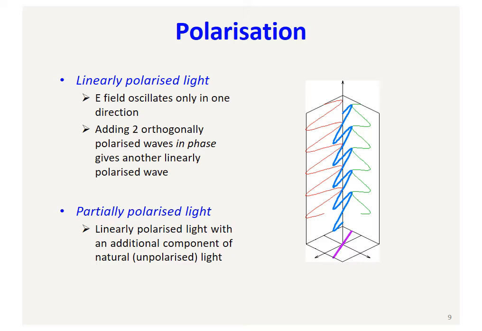If we take two orthogonally polarized waves and we make sure that they are in phase with each other, then they will add together to give another linearly polarized wave. And the angle will be a vector sum of their own polarizations.